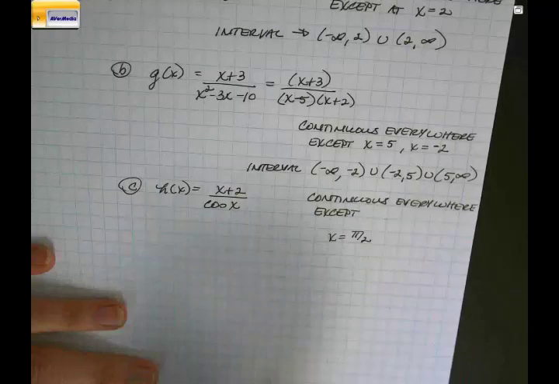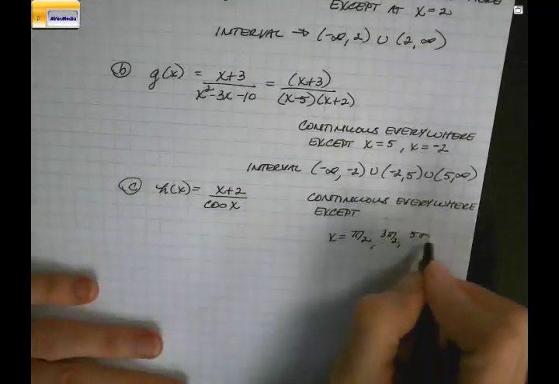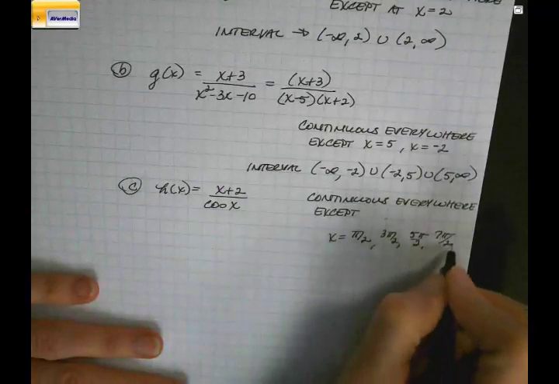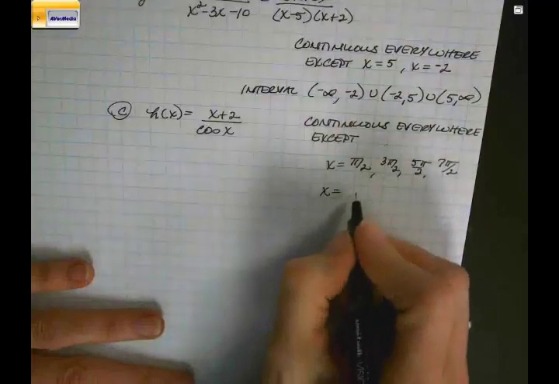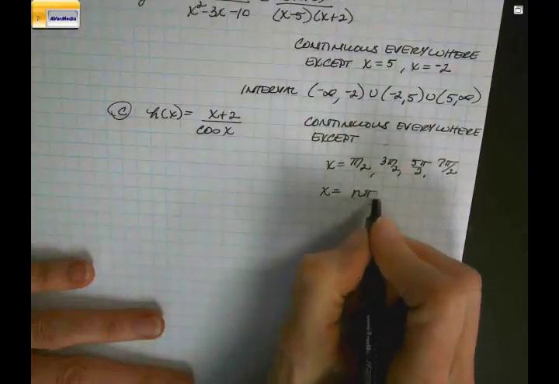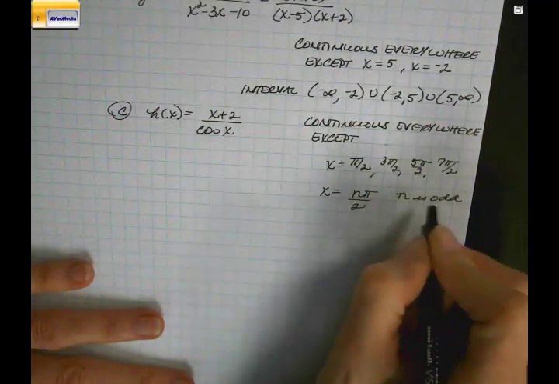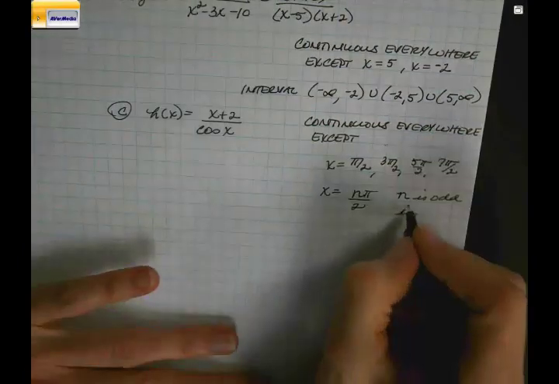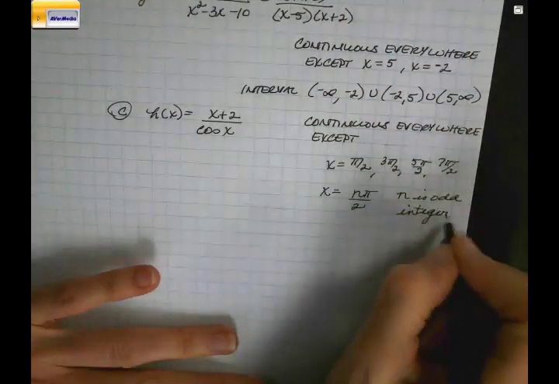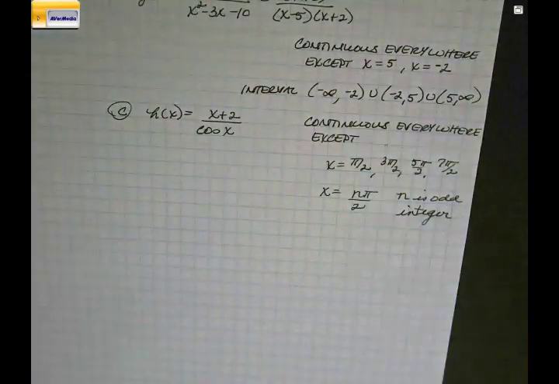Pi over 2, and then again at 3 pi over 2, and then again at 5 pi over 2, and again at 7 pi over 2, right? So how would we write this? Can we put n pi over 2, where n is an odd integer? And I could not put that in interval notation. They better not ask for interval on that one. No, that's not going to happen.